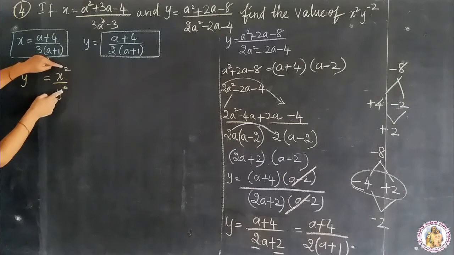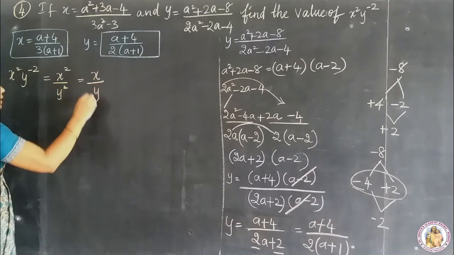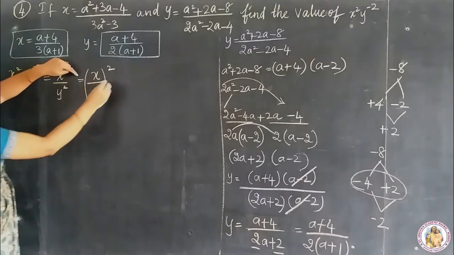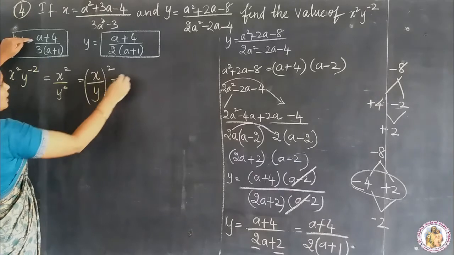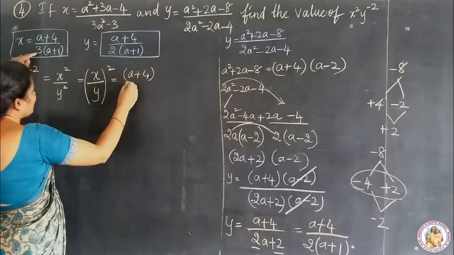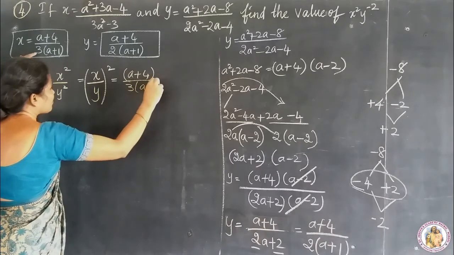Okay, so here we have square is common, write x divided by y whole square. Write the value of x. Value of x is equal to a plus 4 divided by 3a plus 1.